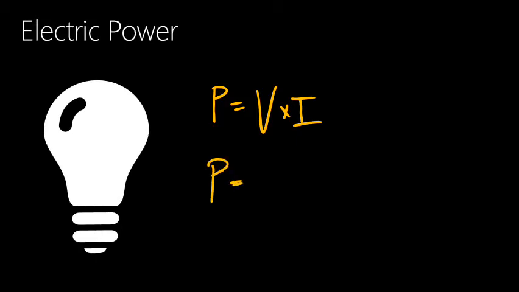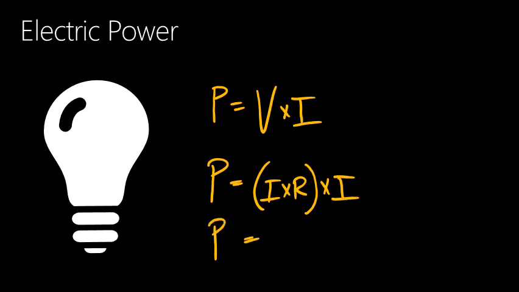So we can say P equals V, which by Ohm's law is I times R, times I. Or if we want to simplify that, that becomes P equals I squared times R.